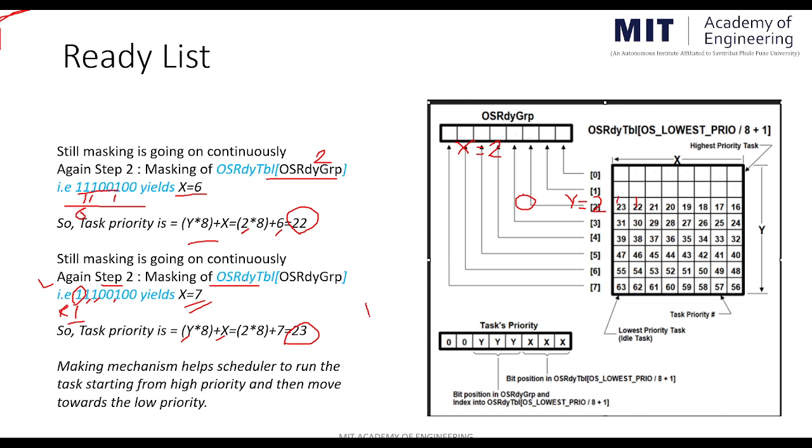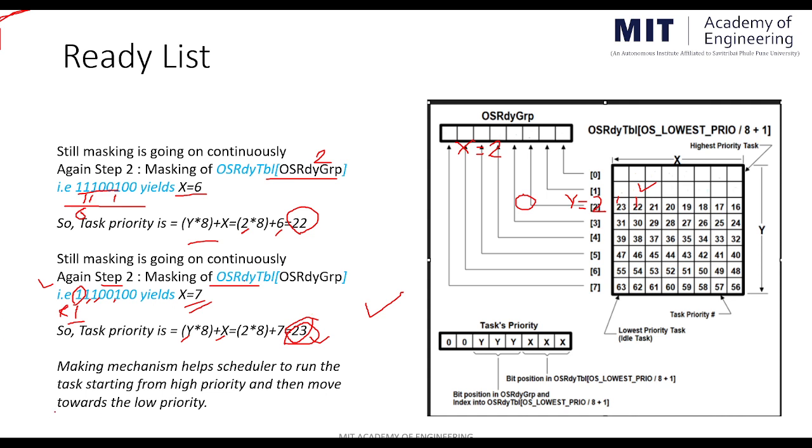So this masking operation is continuously done by the scheduler wherever the value is 1 in the OS RDY table. It also has to continuously calculate which priority task is ready to run, and by this number, the scheduler has to decide which priority is the highest and which is the lowest.